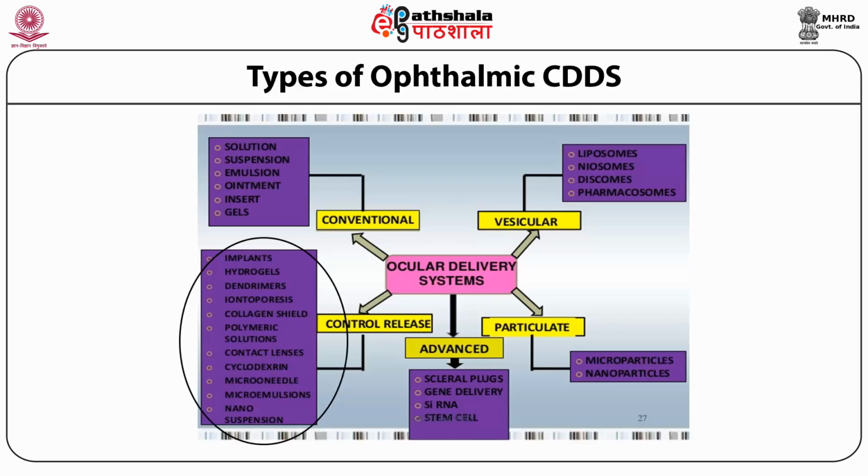Under the controlled release systems, we have a plethora of examples, which include ophthalmic implants, hydrogels, dendrimers, iontophoresis, collagen shields, polymeric solutions, contact lenses, cyclodextrins, microneedles, microemulsions, and nanosuspensions. We have primarily advanced systems as well, which are referred to as scleral plugs, and those based on gene delivery, siRNA, and stem cells.